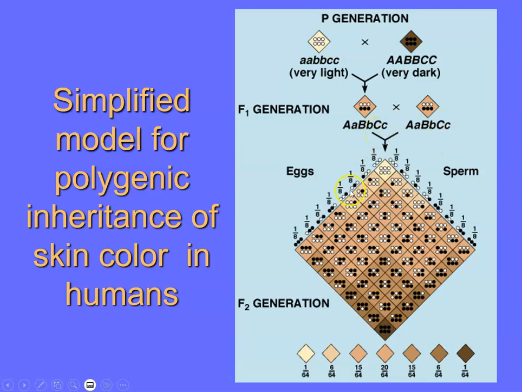So this would be a trihybrid cross, and the resulting phenotypic ratio at the bottom would be 1 out of 64, 6 out of 64, 15 out of 64, 20 out of 64, and then back down again the same way, showing that again the middle, the median skin color, is the one that is the most prevalent. So that Punnett square is what is applied as a predictive tool for the human population, assuming that all of these skin tones are present in the human population.